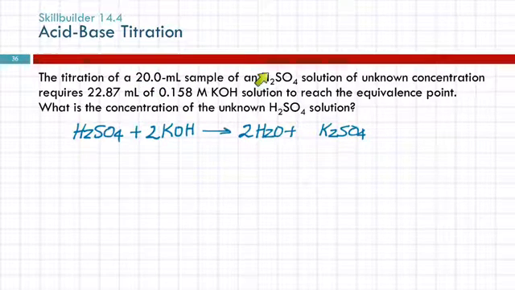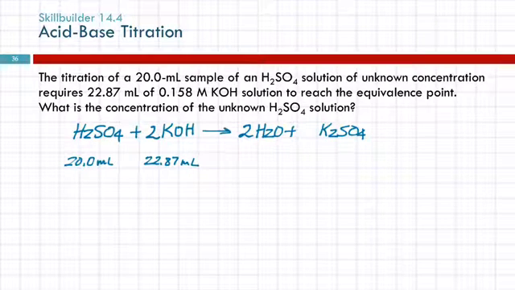20 milliliter sample of sulfuric acid. So I've got 20.0 milliliters of the H2SO4. We don't know what the concentration is. And we needed 22.87 milliliters of the KOH. We did a titration.